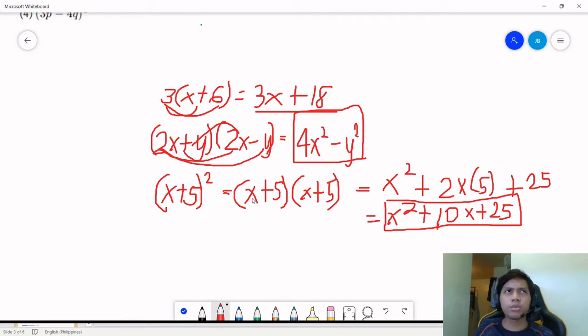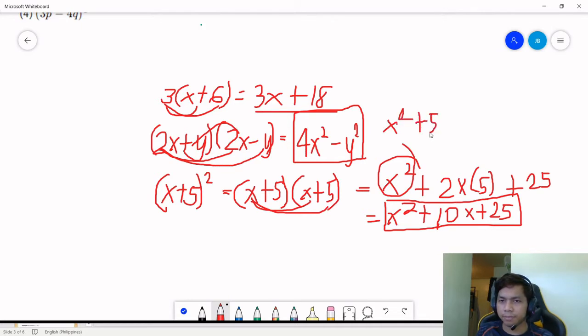But if you are going to do it in manual form, you do the FOIL method once again. That's x times x, so that's x squared. x times 5 is plus 5x. Taking it one by one, that's x squared plus 5x, plus this one, the inner, plus 5x.